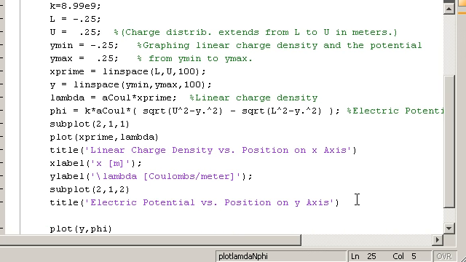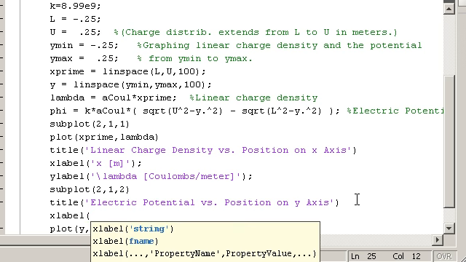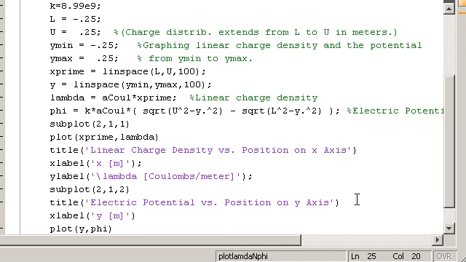And then this will be X label, Y, square brackets, meters. And Y label, I'm going to try the backslash. I think phi.